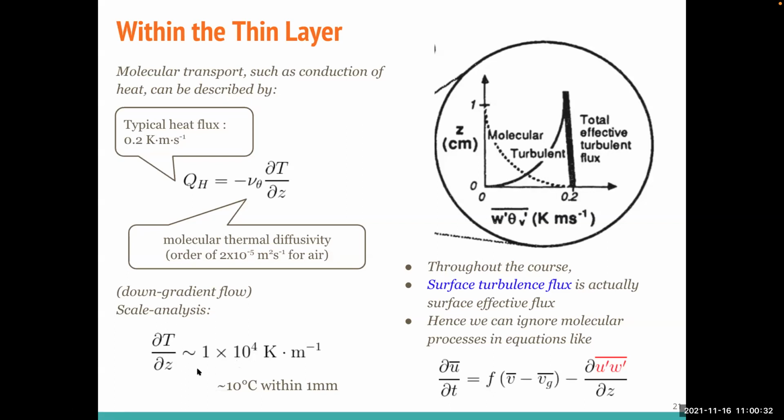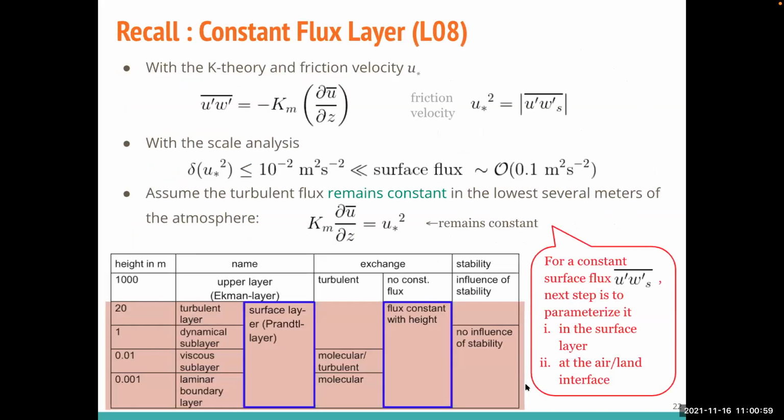It's very, very large. That's why when you go to a beach, you can feel that it's really hot under your feet, but it's not that hot in your body, right? So this is what it means. You already have felt that. So in summary, we can ignore the molecular processes in equations like this because we have included them in our assumptions.